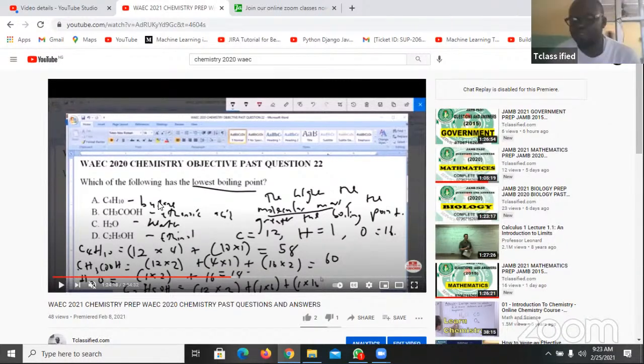So the boiling point of butane is even -1. So that tells you that that one is the least. So butane has the least boiling point here, because the boiling point is -1 degree Celsius. So that makes option A the answer.